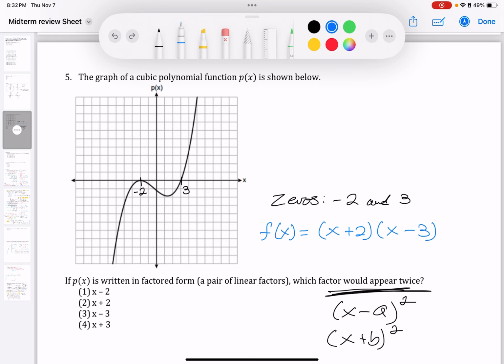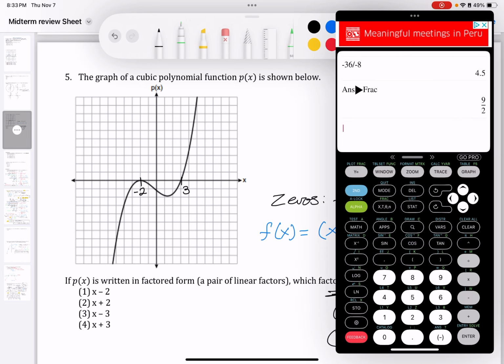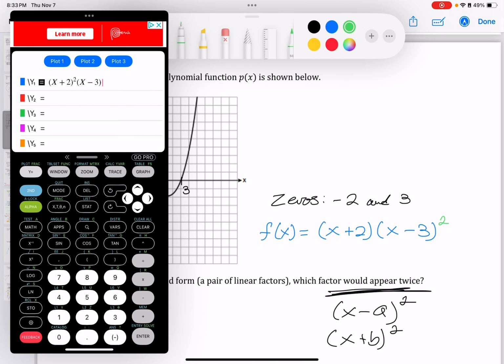But one of those has to be squared. One of those has to be to the second power. So let's put our second power on x minus 3. So that's (x minus 3) squared. And let's graph this polynomial in the y equals. Something similar to that is already in there.